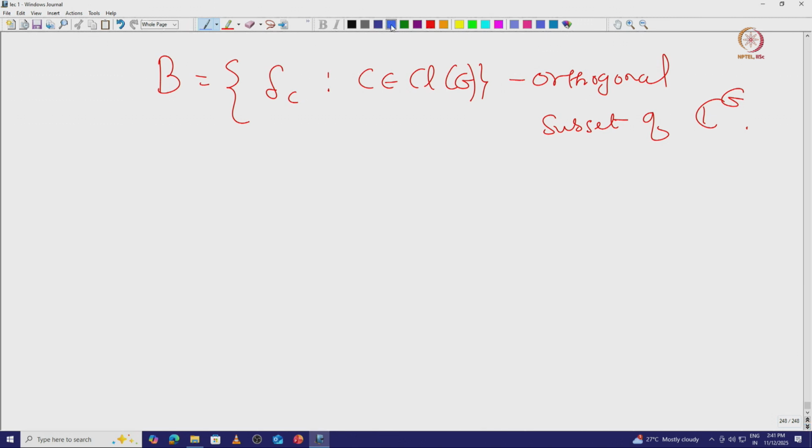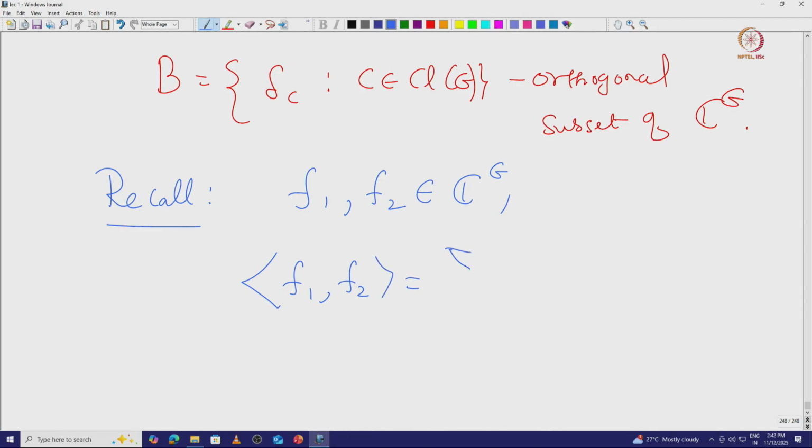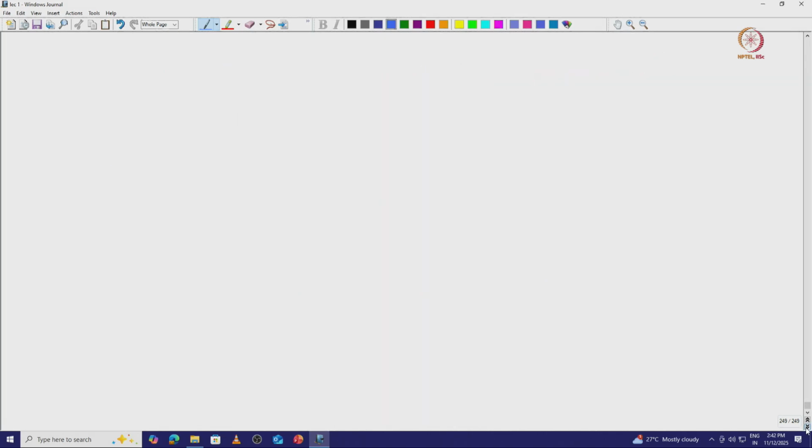For this, let us recall that we have the following inner product on C G. Given F1 and F2 from C G, you define the inner product of F1 and F2 as the summation of F1 of g times F2 of g bar, where g runs over G, with this average. Now we can easily compute the inner product of delta C and delta C dash.